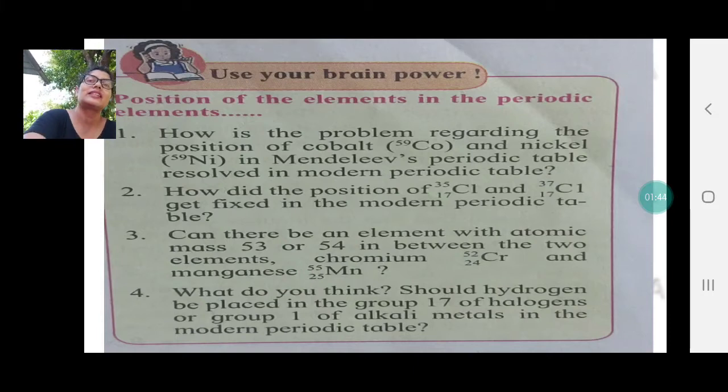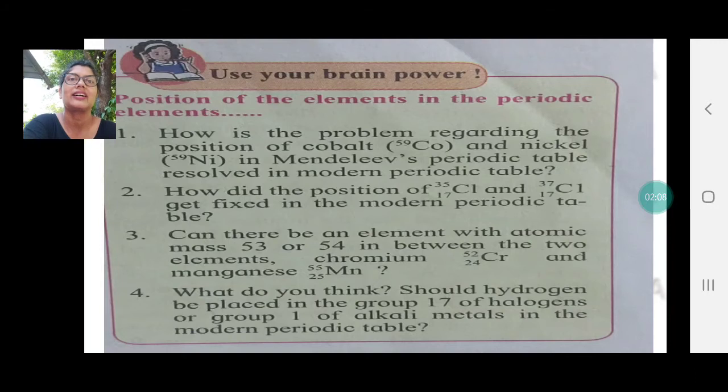Okay, the next question is, how did the position of chlorine 17, that is isotopes, of course, chlorine 35 and chlorine 37, get fixed in the modern periodic table? Now can you give the answer? Yes, the modern periodic table considers atomic numbers and not atomic masses.